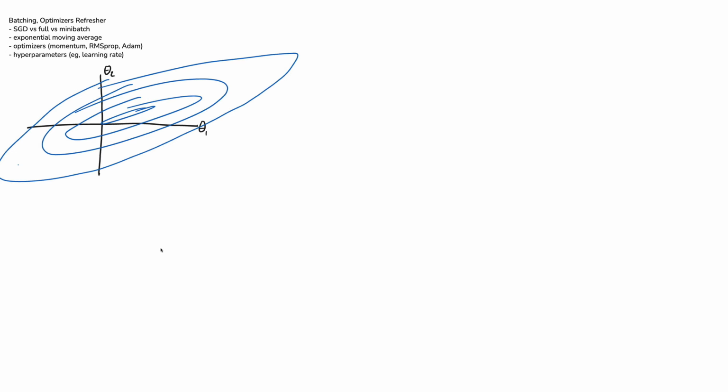Let's say that we are currently here. Our current model has some parameters either trained up to this point or initialized at the beginning of training, such that we live here in this two-dimensional space.